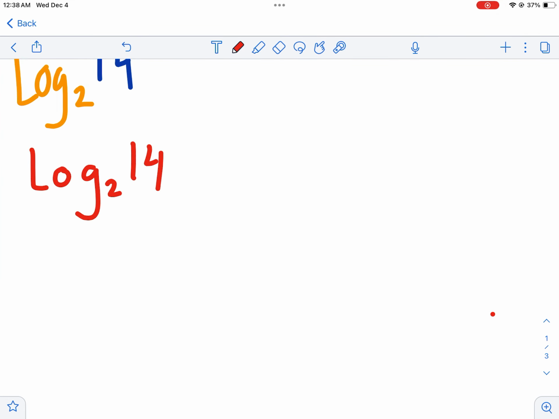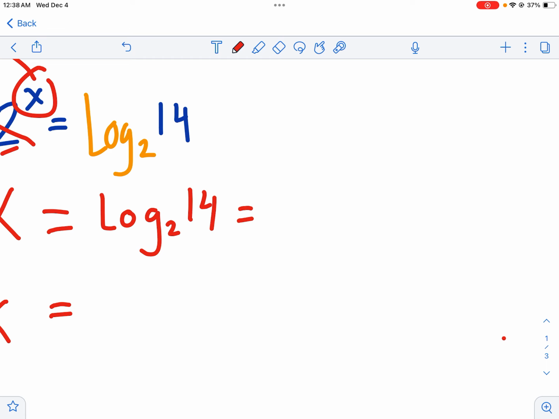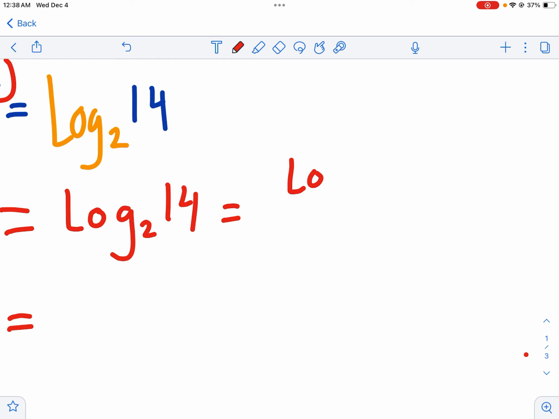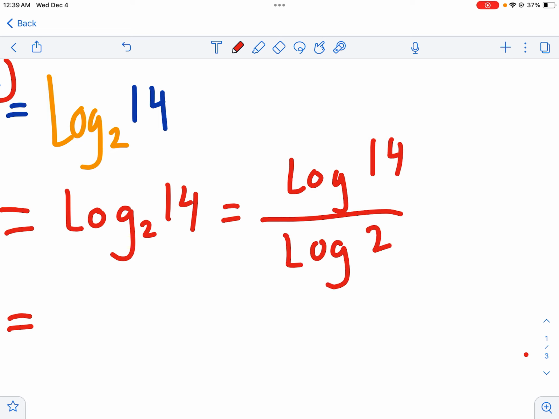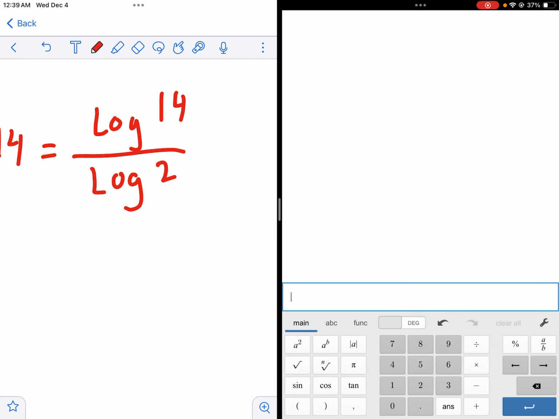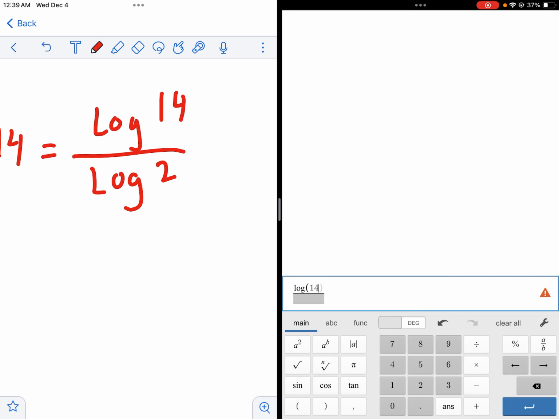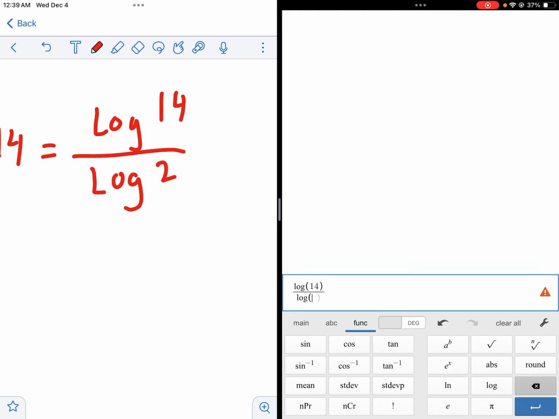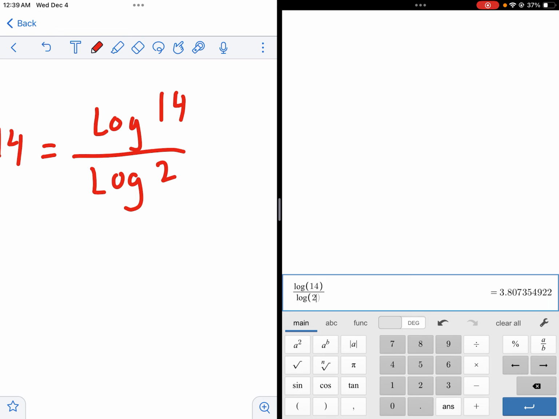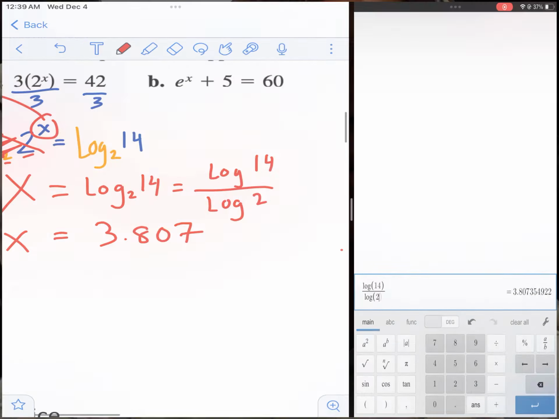But if you're using the Desmos calculator and you don't have a change in base, remember from last time we said this is the same as log base 10 of 14 over log 2. And you can put that in your Desmos calculator. So log of 14 over log of 2. And you see I got the same answer. So 3.807. Okay, so that's how you do it.